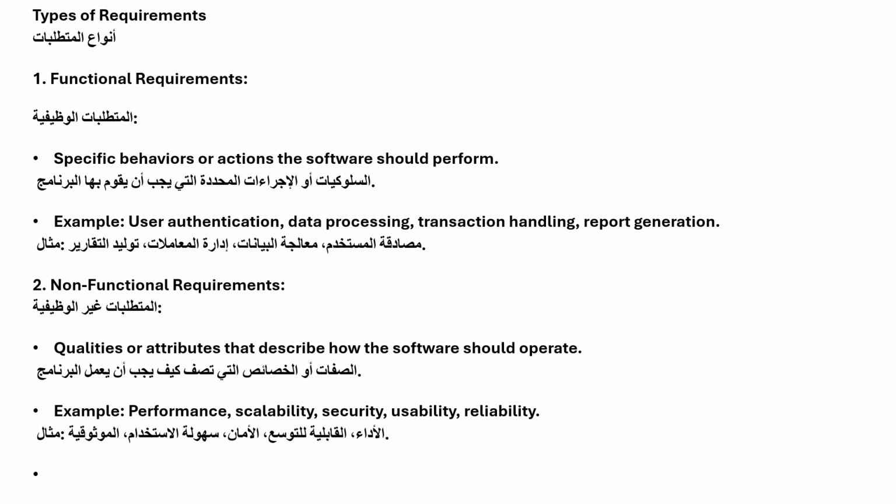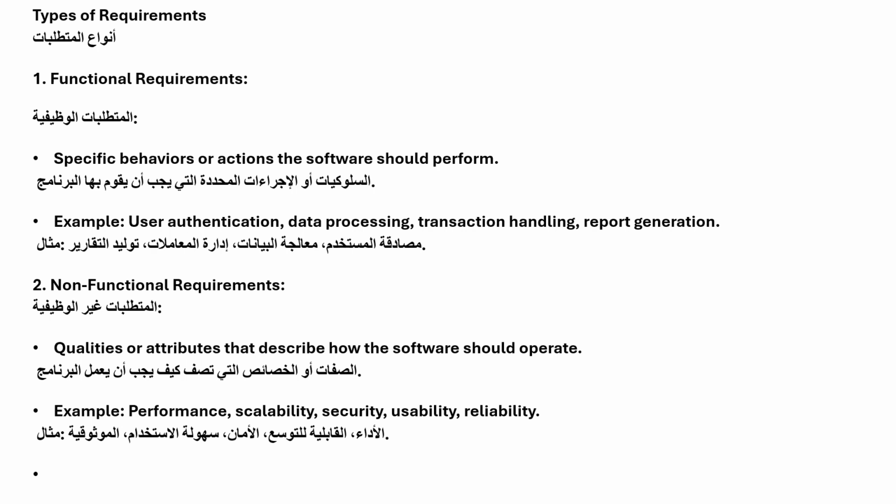The second one is non-functional requirements. Non-functional requirements are attributes or characteristics that describe how the software should operate. These are how the system is going to behave, and they are related to performance and scalability, how the system grows, if the system starts growing up and down, etc. Security features, usability, how the system is going to be used.